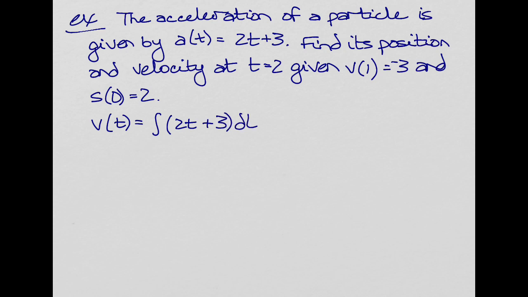Well, the antiderivative for 2t is t squared. Antiderivative for 3 is 3t. Constant of integration. But not just every antiderivative. In particular, I know that the velocity at 1, I want to be -3.